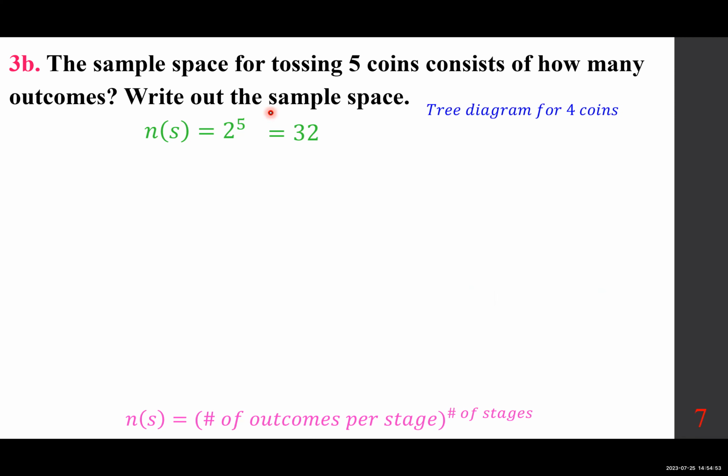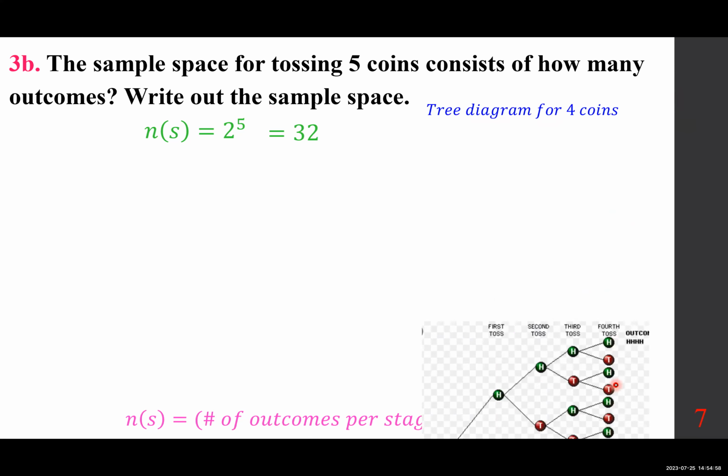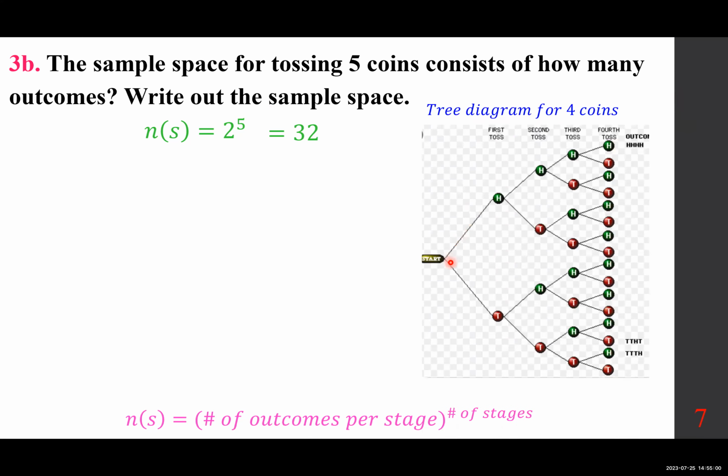Now, I'm going to show you the tree diagram for 4 because there's no room here. Again, you want to keep it consistent: H, all of them. The H is at the top and the T is at the bottom. And then the last one, notice T. But we want 5, so I need to add one more stage.